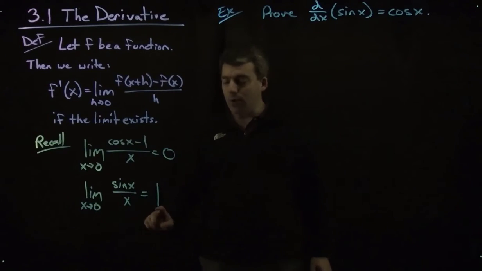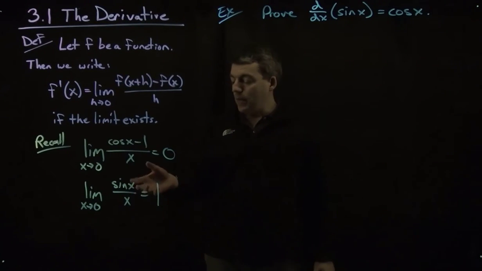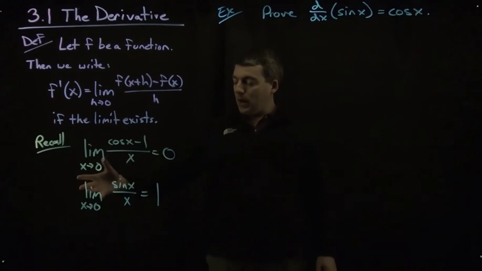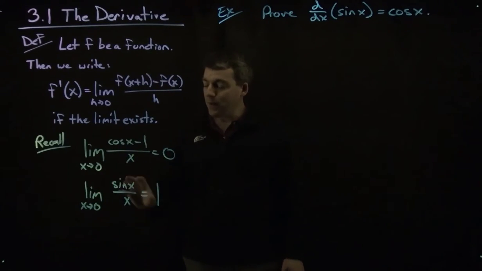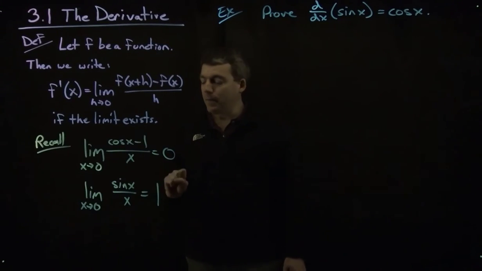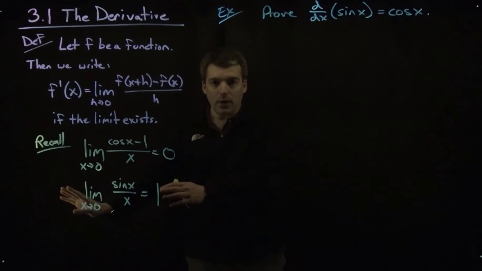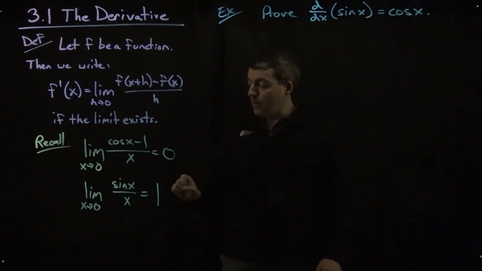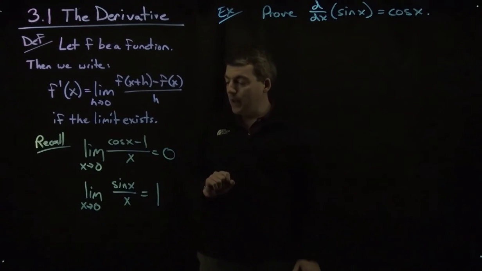The way this was shown was via either a geometric argument, or we can make some clever comparisons with some other functions, one that bounds it below and one that bounds it above. Both those upper and lower functions have the same limit, and then using the squeeze theorem, we showed that this is 1.